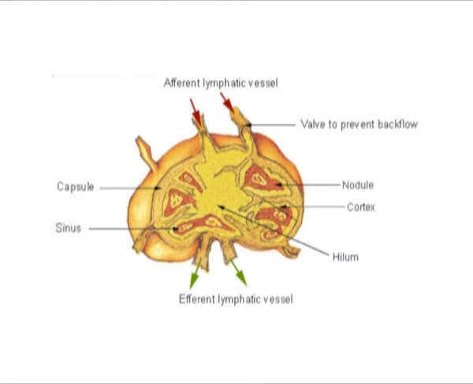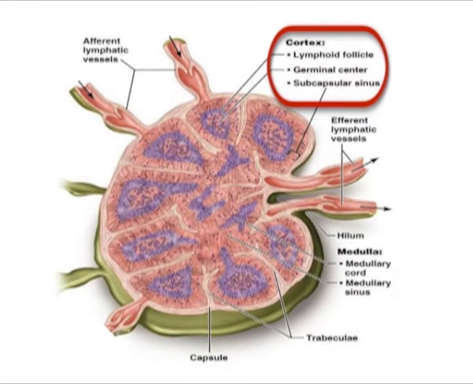Lymphocytes are concentrated in the lymph nodes, which are organized collections of lymphoid tissue. The lymph nodes consist of lymphoid follicles in an outer portion called the cortex.